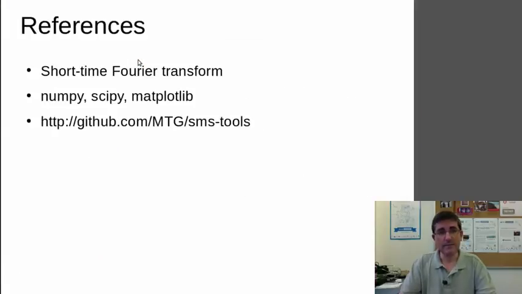So we have gone through the short-time Fourier transform, the implementation of the short-time Fourier transform. Make sure that you understand the actual equation and the signal processing considerations that are involved. And then of course we use a number of packages from Python together with the SMS tools that we have already developed, and implement the DFT and the STFT. So we have been calling those functions.